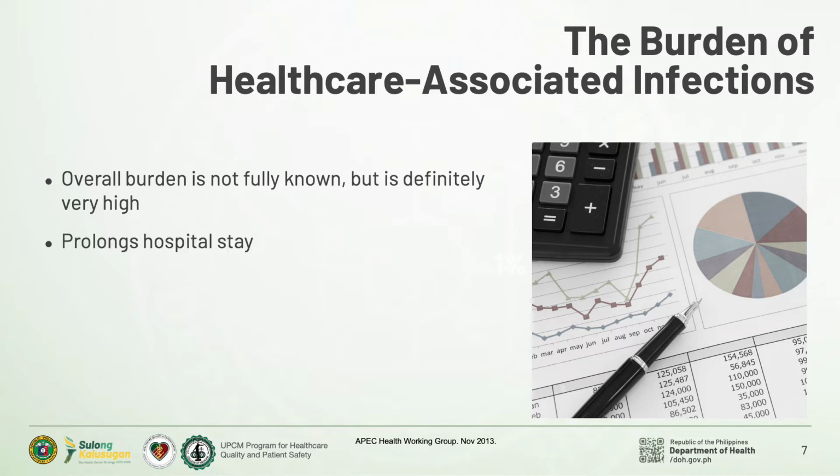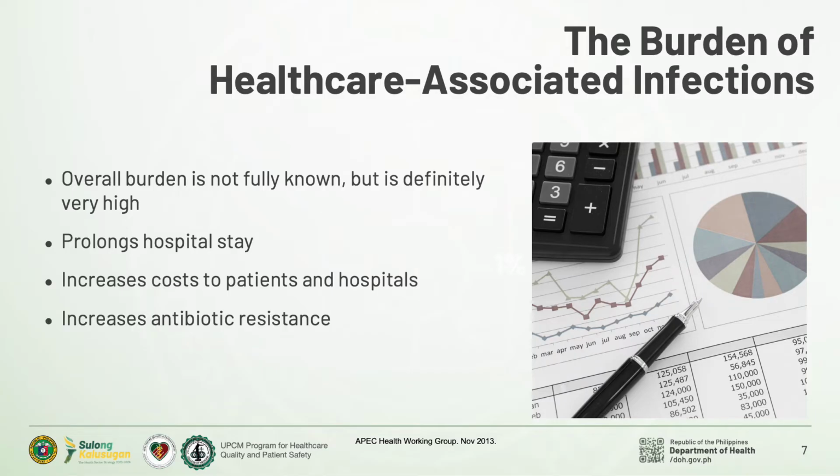Healthcare-associated infections prolong hospital stay, and in Europe, this results in 25 million extra days in the hospital. It is therefore something that really increases cost to patients and hospitals, and in 2004, the United States reported an annual economic cost of HAIs of approximately 6.5 billion US dollars.